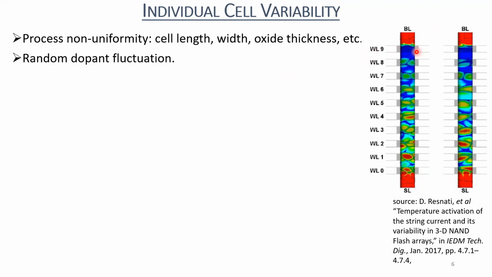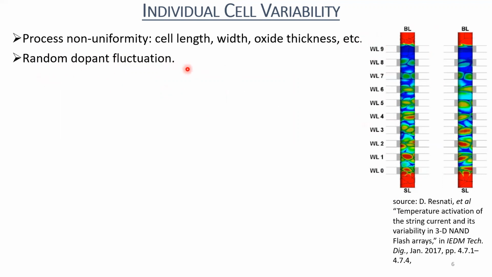These dummy word lines are not used for memory application, but they are there to prevent the effect of random dopant fluctuation and programming variation, because close to the BSL, this word line will see one of its terminals as doped as compared to the other word lines. That leads to a difference in the behavior of this cell as compared to the other cells, so they insert a dummy cell.